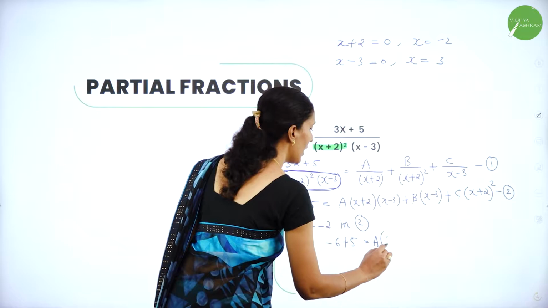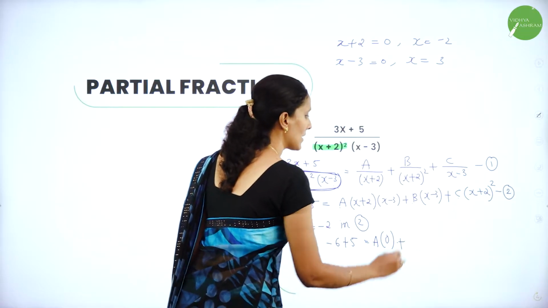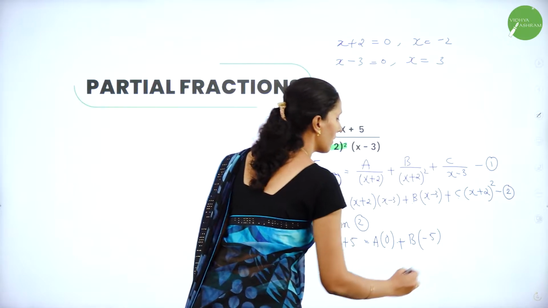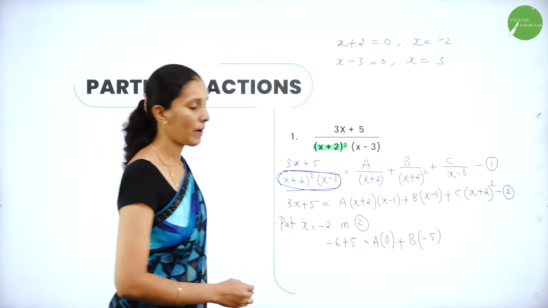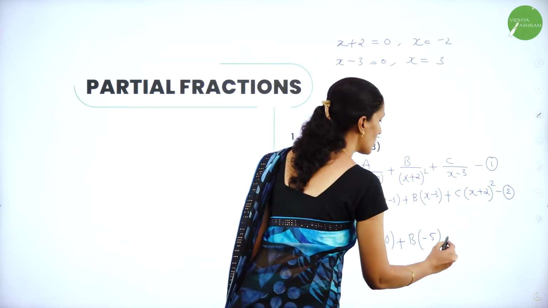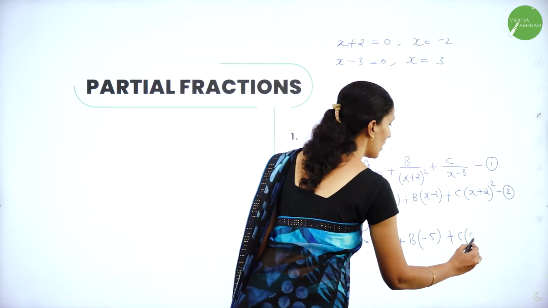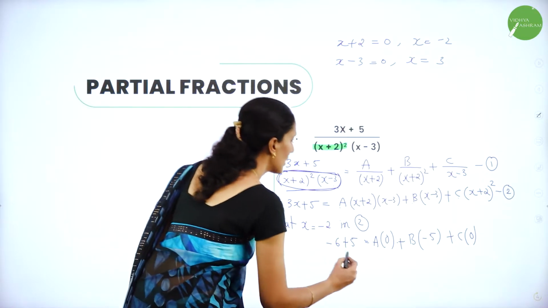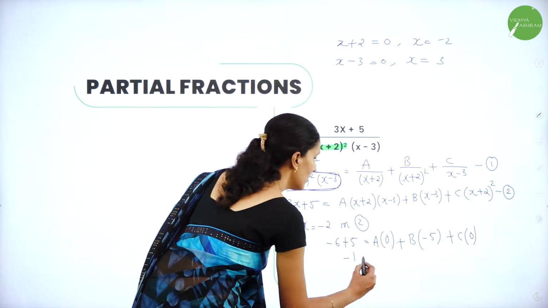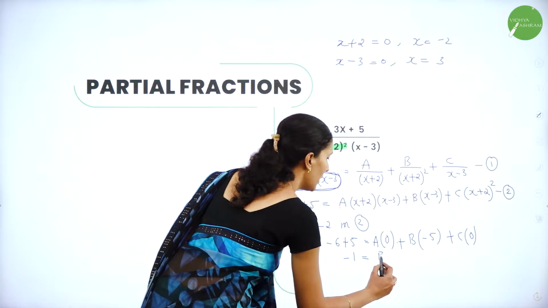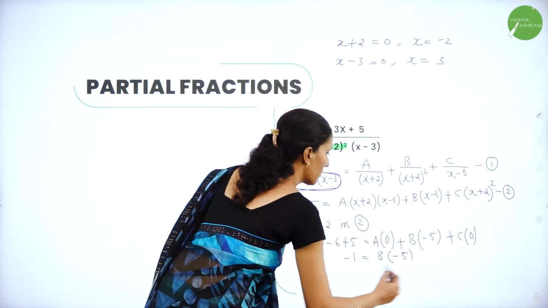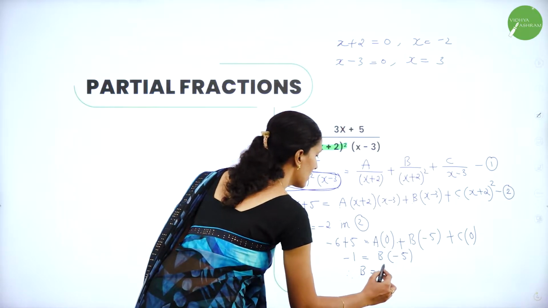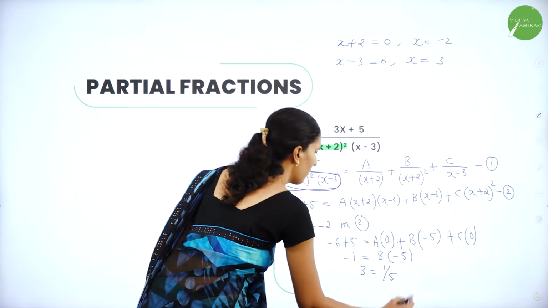Here you will get a into 0 plus, if you put minus 2 here, minus 2 minus 3 is minus 5. If you put minus 2 here, it will become 0. Therefore, it is c into 0. So on solving this, you will get minus 1 is equal to b into minus 5. Therefore, your value of b is 1 divided by 5.